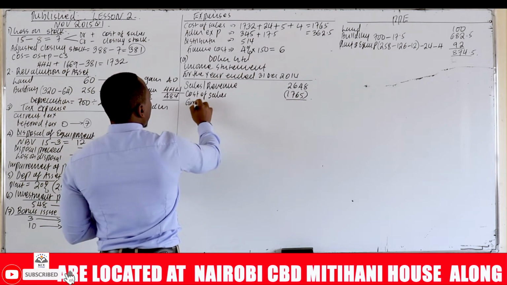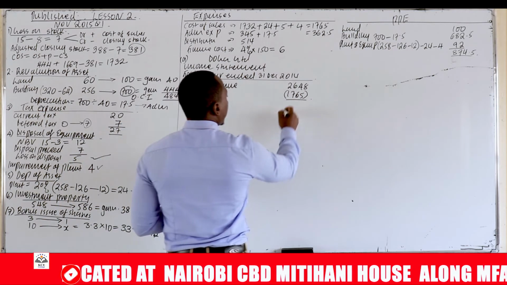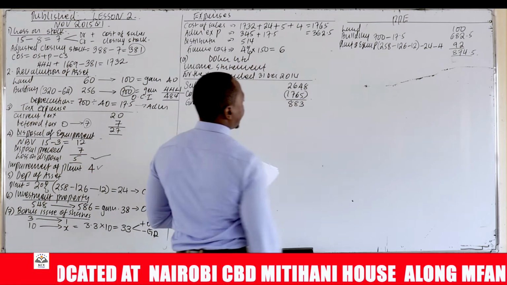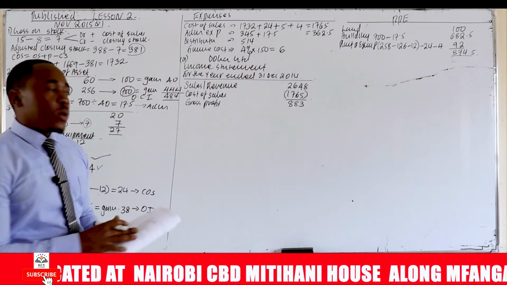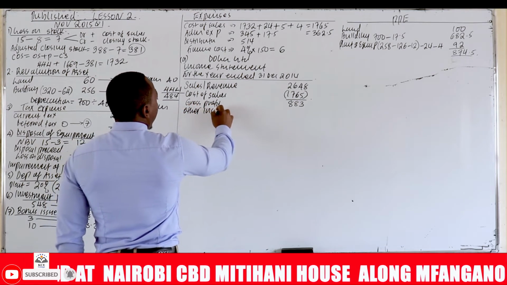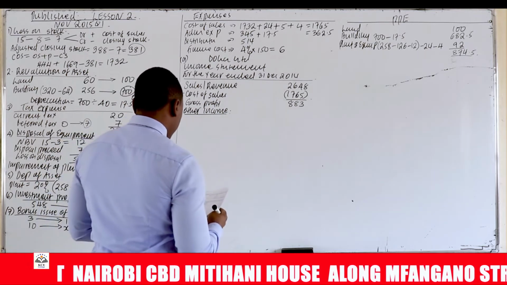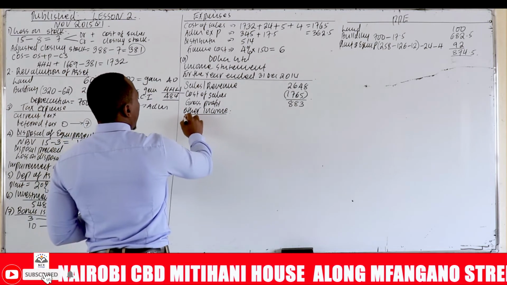And that's how you get your gross profit. How much is your gross profit? It will be 883. Once we have that, you add other incomes. Now, under other income, number one, we have rental income.